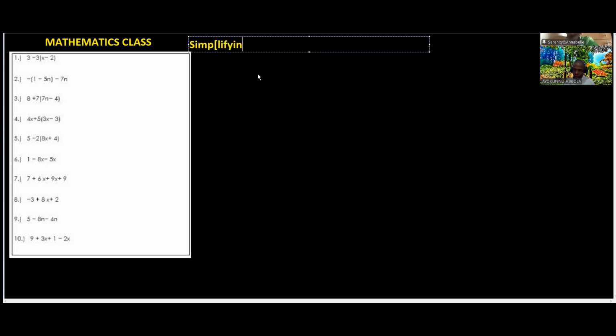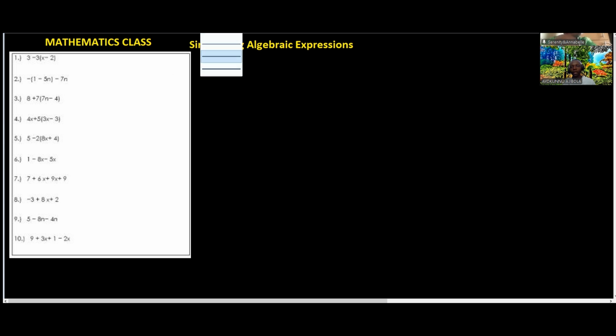So when it says simplify, it just means you should try to bring it to the lowest form possible. So, simplifying algebraic expressions. I'll do some of them, and I want you to listen because you'll be answering some questions as we progress.